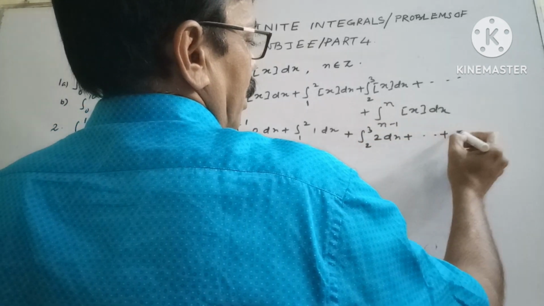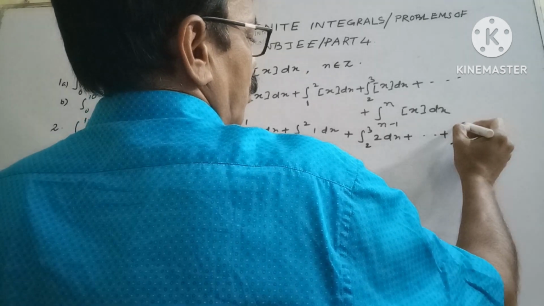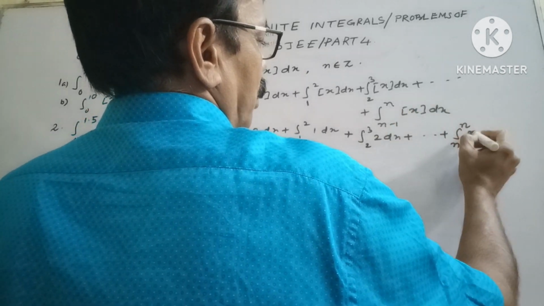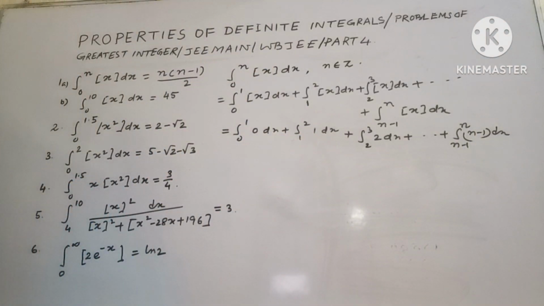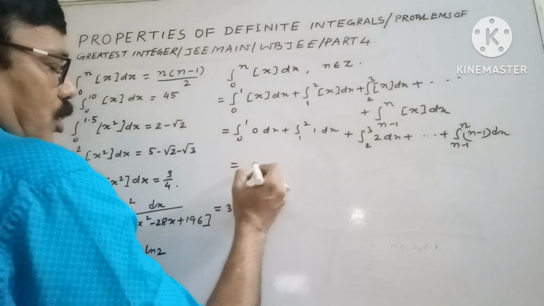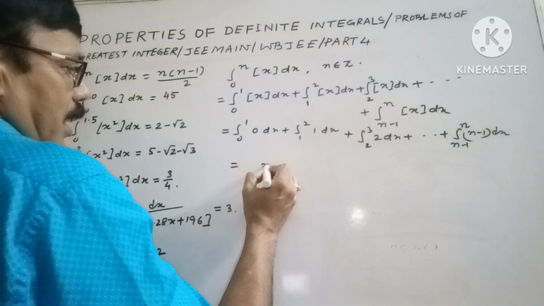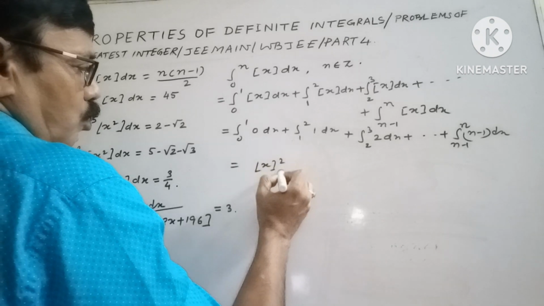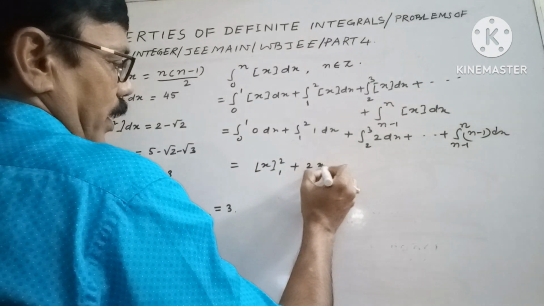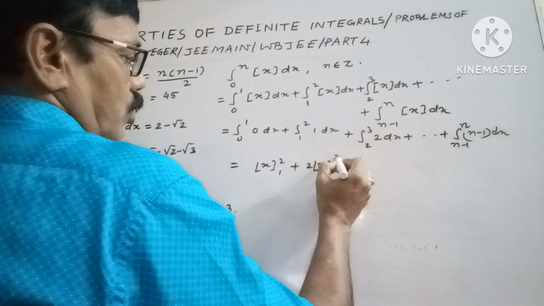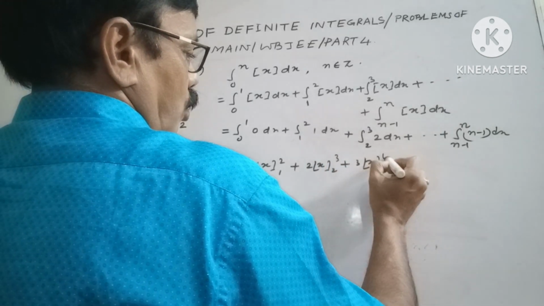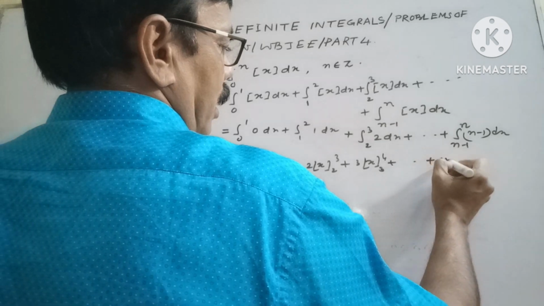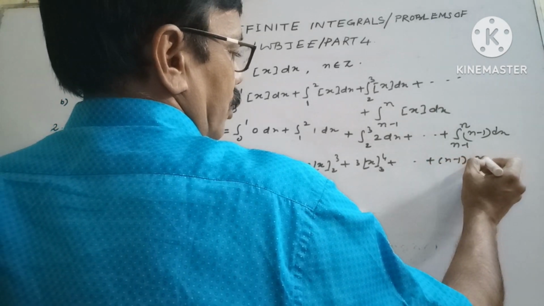And similarly, the last one is n minus 1 to n, n minus 1 dx. So, the first one is 0. So, this is x from 1 to 2. This is 2x from 2 to 3. Then it is 3x from 3 to 4. And finally, n minus 1 times x.